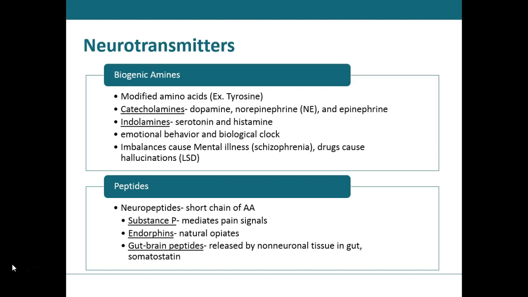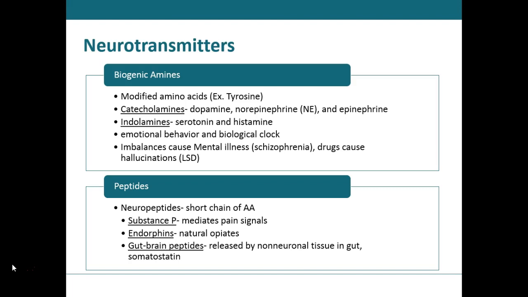Also, there's one form of schizophrenia that's due to an excessive accumulation of dopamine. Some of the hallucinatory drugs, such as LSD, act on these same receptors that are bound by some of the biogenic amines as well.